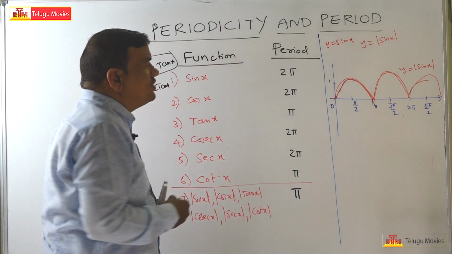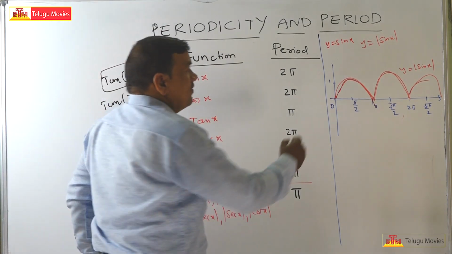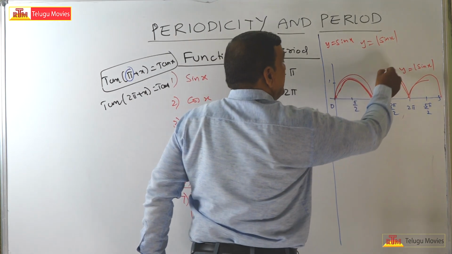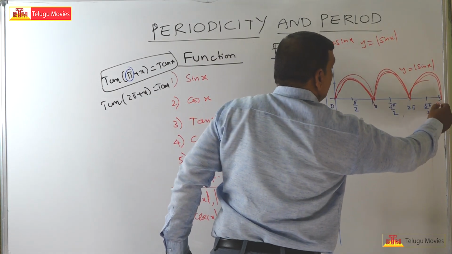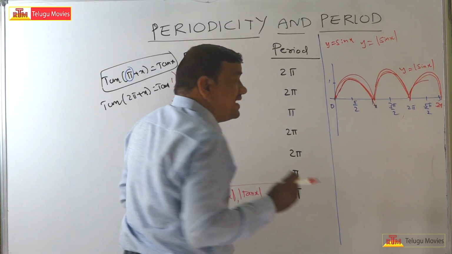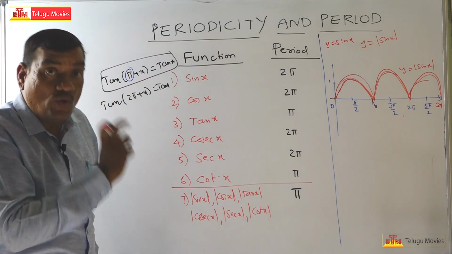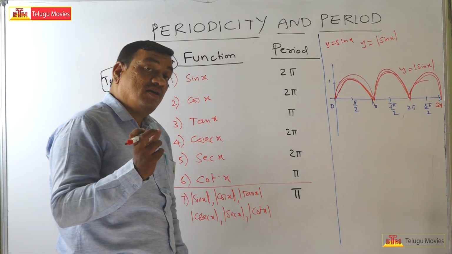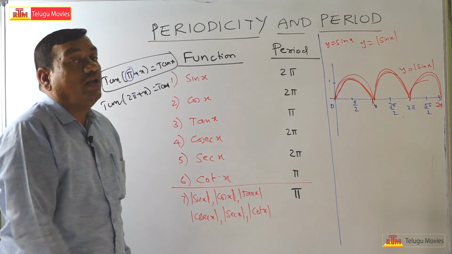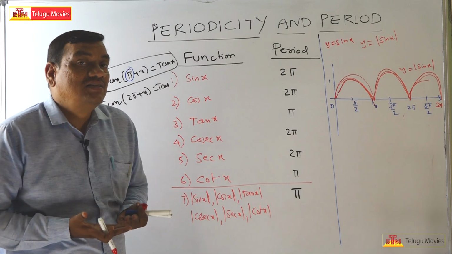Now observe here, clearly you can say from 0 to pi, pi to 2 pi, 2 pi to 3 pi, that means every interval of length pi is regaining its same shape.